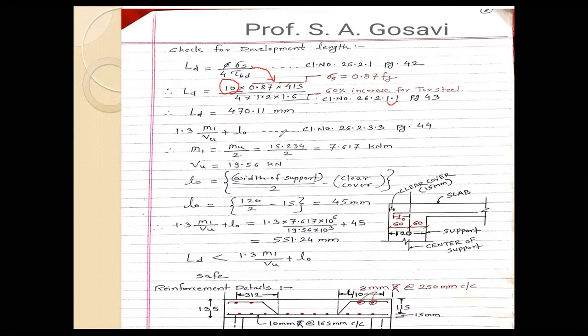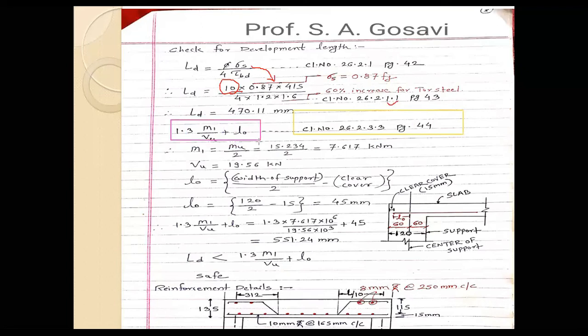Now if you move further to clause number 26.2.3.3, page number 44, one formula is given: 1.3 M1 upon V plus L0.